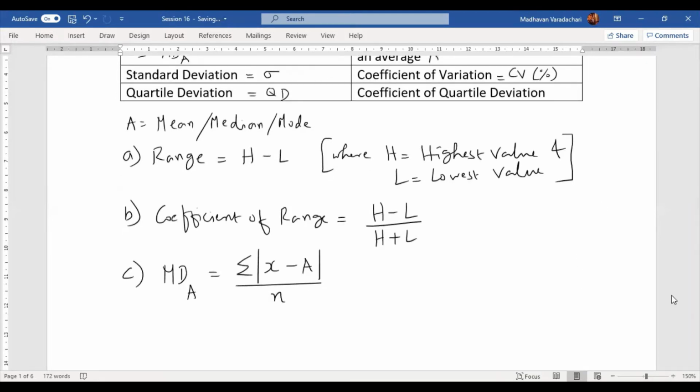So I can say where X is the observations, each observation, and A is the average. That average I said already, it can be mean or median or mode. And N is the number of observations.